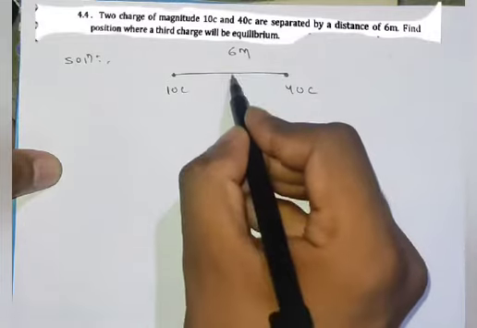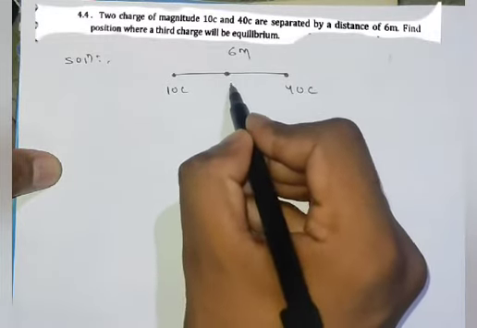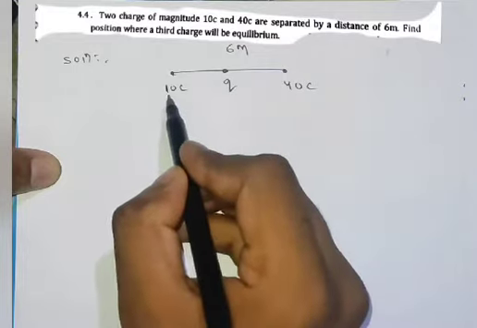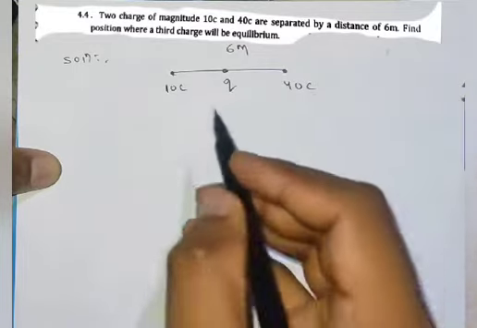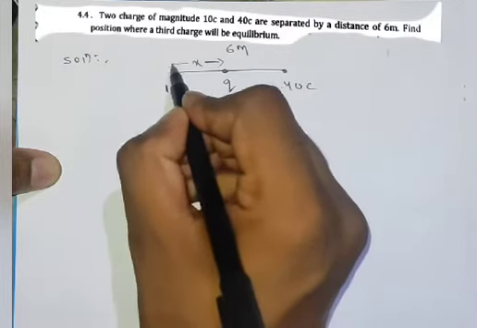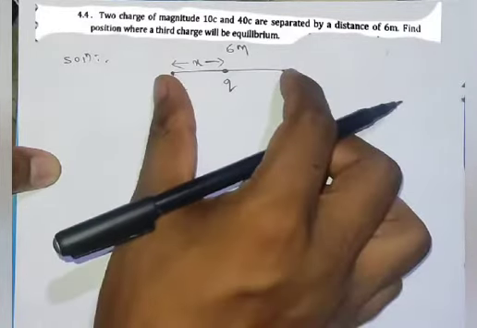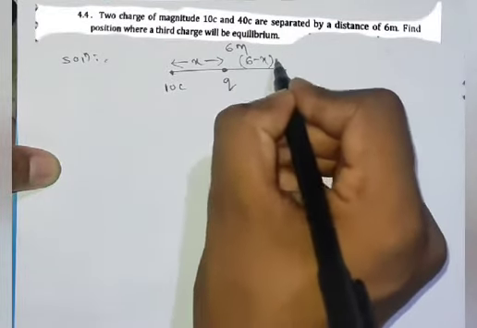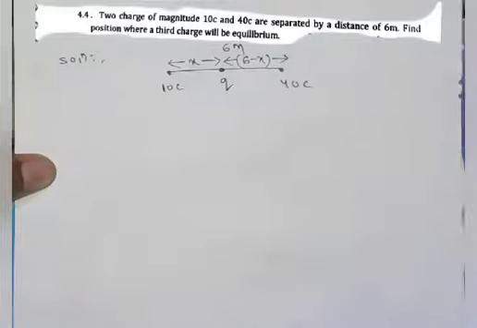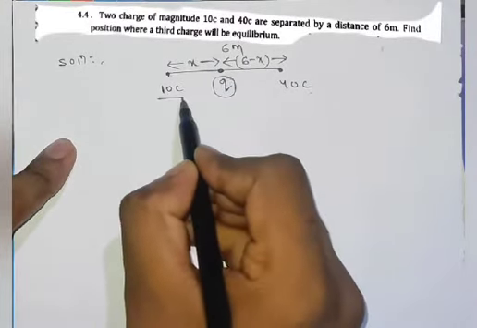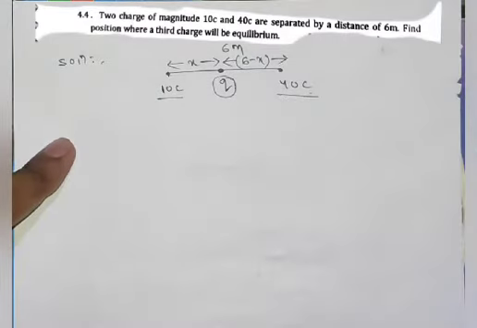Now a third charge Q is placed in between, on the line joining these two charges, and let this charge Q be situated at a distance x from the 10 coulomb charge. The total length is 6 meter and this is x, so the remaining will be 6 minus x meter. Now I shall calculate the resultant force on this charge Q due to the 10 coulomb and 40 coulomb charges, and that resultant force should be 0 for the equilibrium condition.